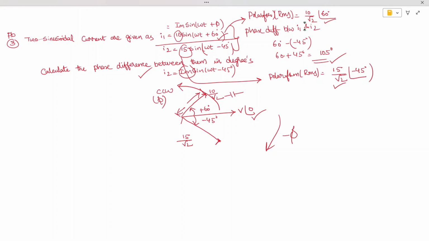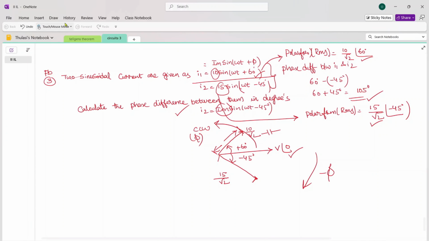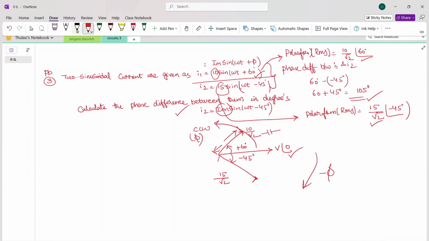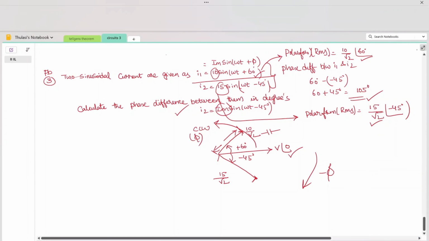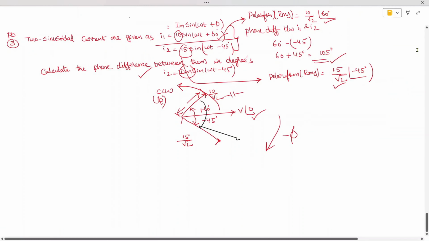So the overall angle, which we call the phase difference, is 60 minus of minus 45. Now we have 105 degrees as our phase difference.